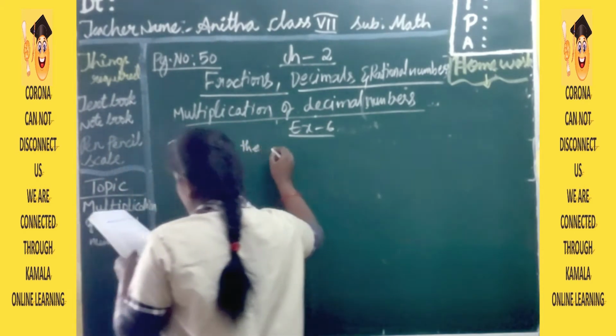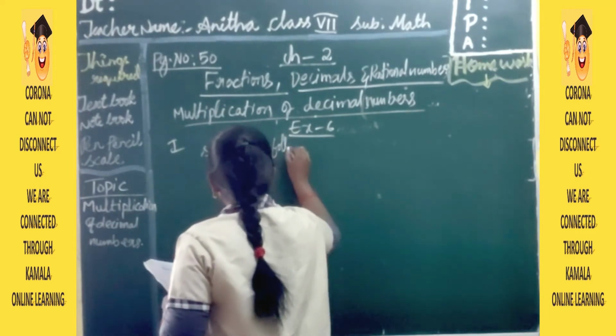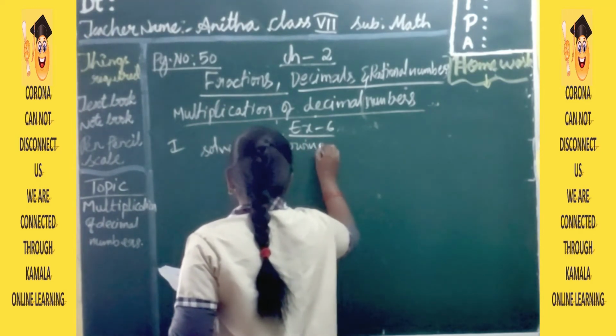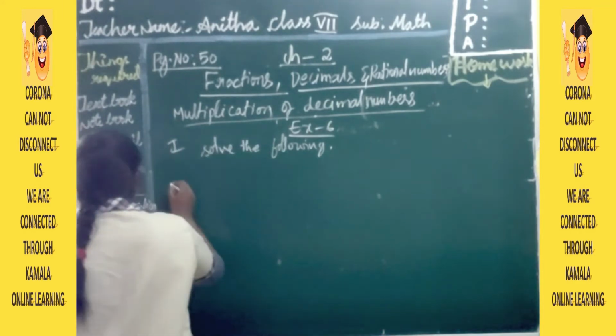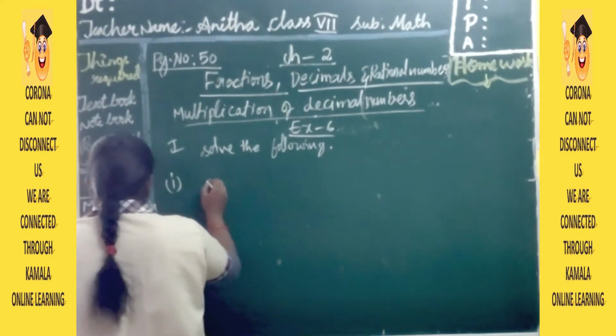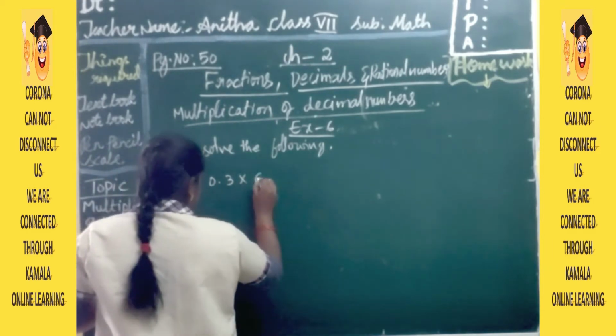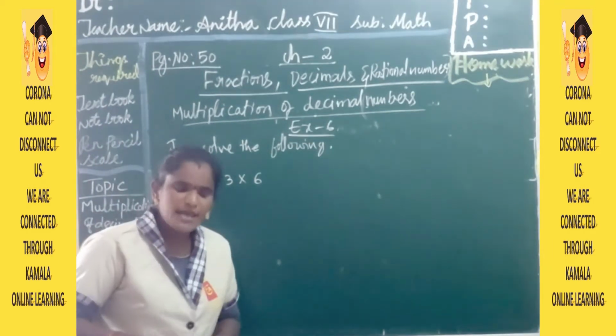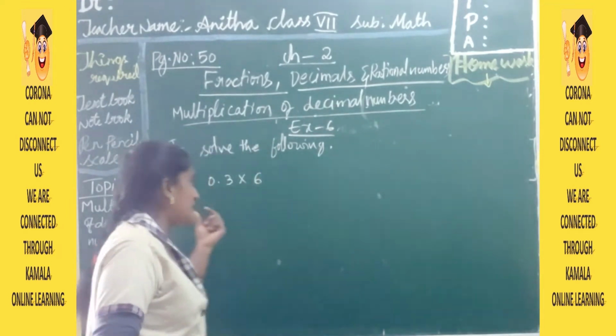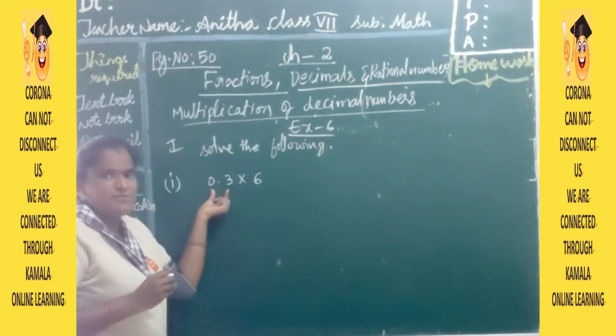First question, everyone observe it, children. First question, 0.3 into 6. 0.3 into 6 can be written as, first, this is a decimal number.